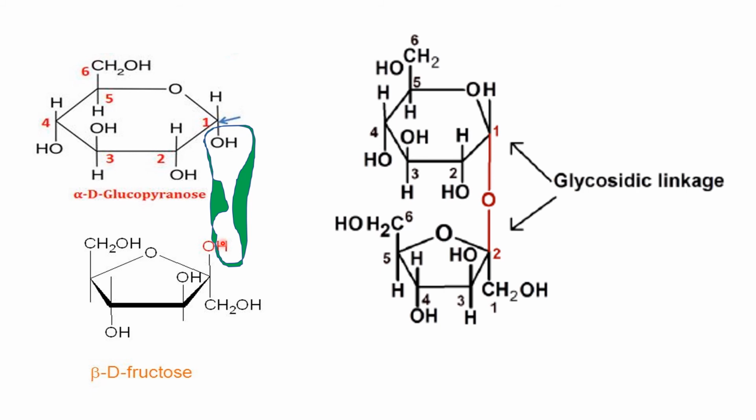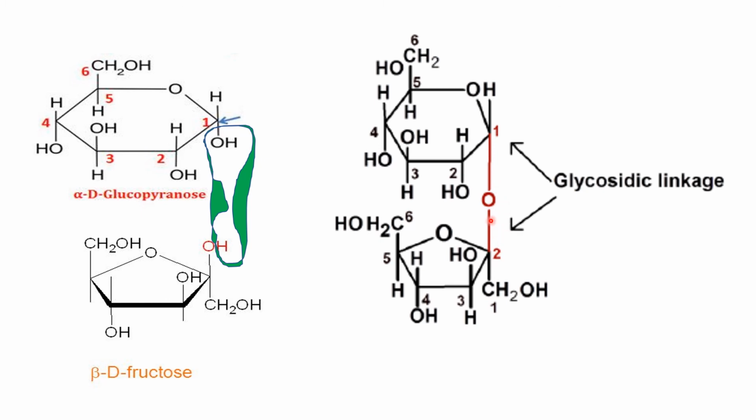The H of this OH group and the OH of this anomeric carbon atom are eliminated. So the valency of this carbon is lost, and the valency of this oxygen is lost. So they result in the formation of a molecule like this. See here, the anomeric carbon atom of alpha D glucopyranose is connected with the anomeric carbon atom of beta fructofuranose.